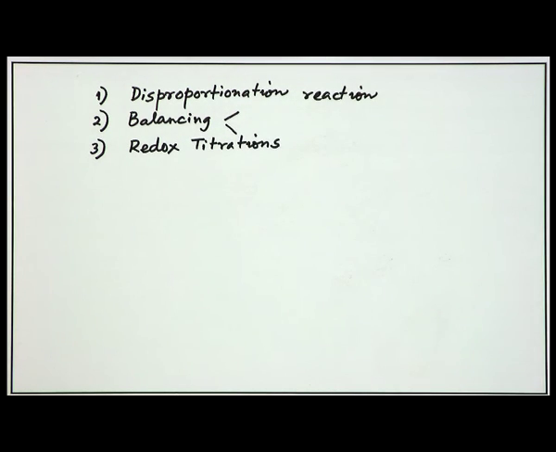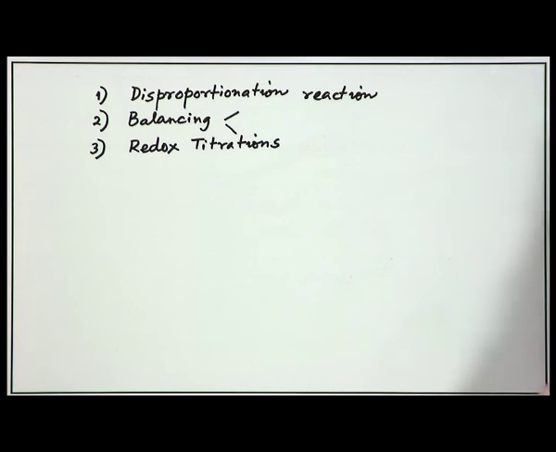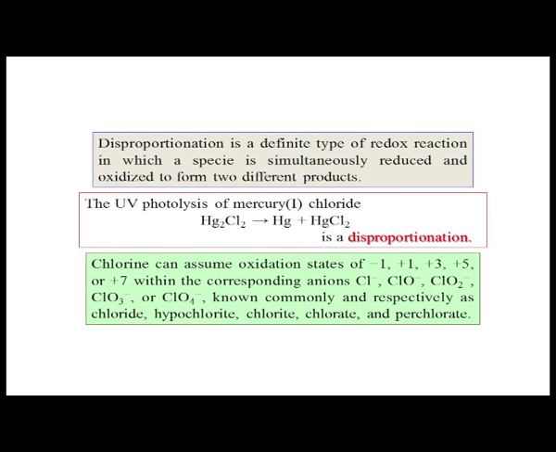So, the first thing we will see today is the disproportionation reaction. A very simple and unique definition for a typical disproportionation reaction is this: disproportionation is a definite type of redox reaction in which the species is simultaneously reduced and oxidized to form two different products.